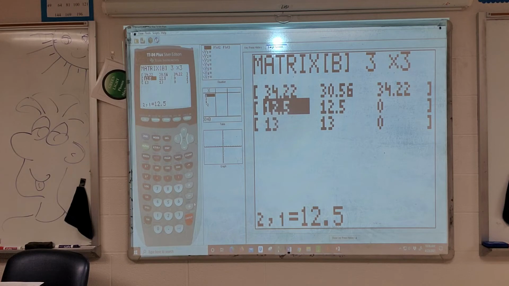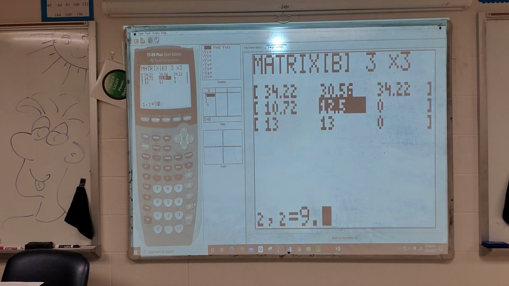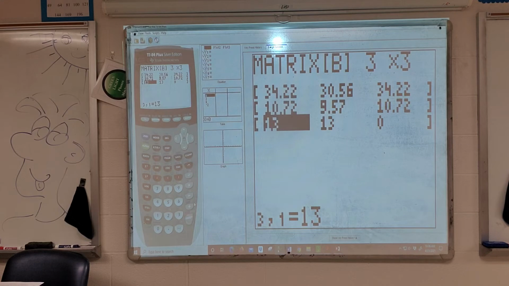Be really careful, and don't go too fast with this, guys, because the calculator sometimes will make a mistake and you won't realize it. Always at the end, go back and double check and make sure you entered them all correctly. 10.72, 9.57. See, I made a mistake.